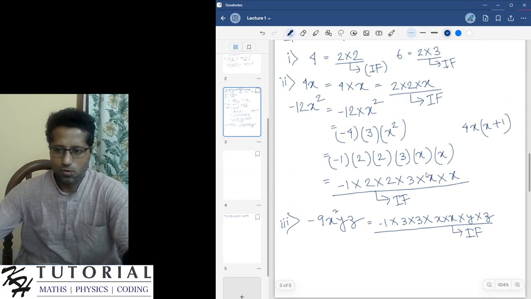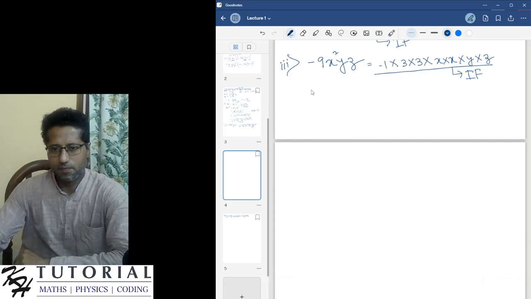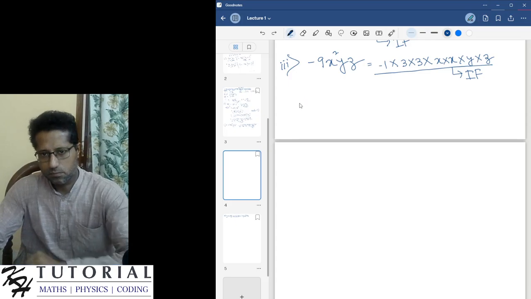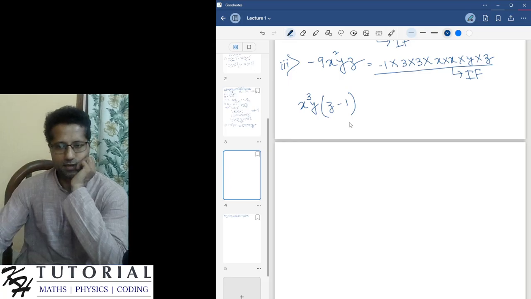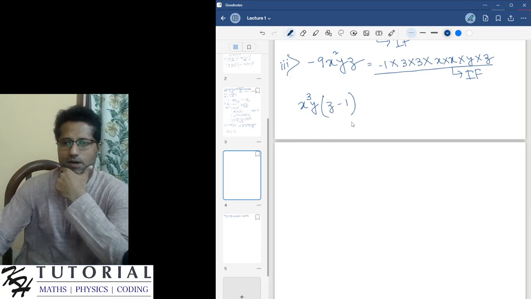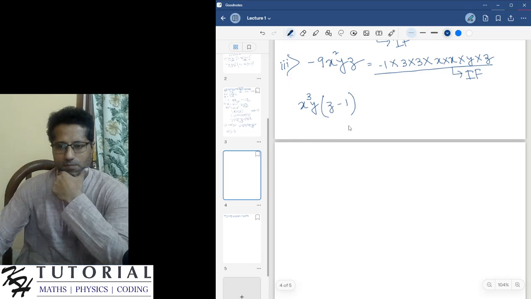So if you have an algebraic expression, let's say x cube y multiplied by z minus 1, and it has been factorized as x cube y multiplied by z minus 1.